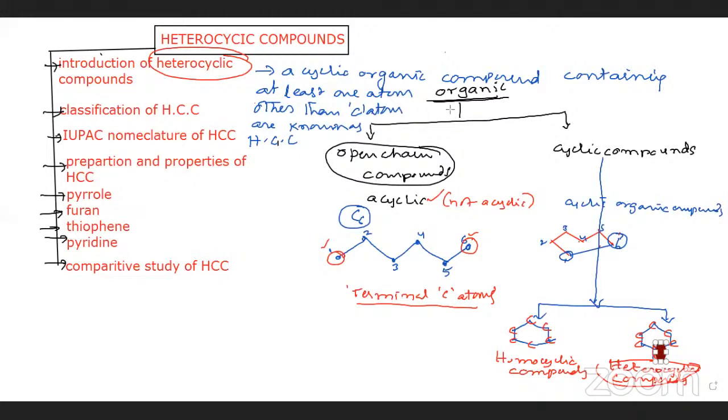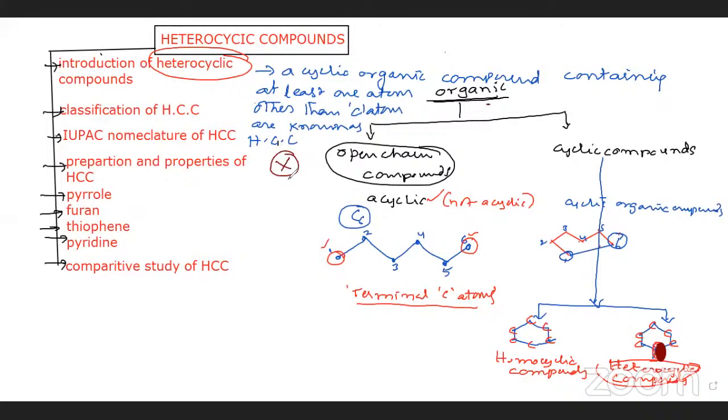Okay. So you understood what heterocyclic means. Heterocyclic means it is also one of the cyclic organic compounds. It contains carbon atoms as well as at least one atom other than carbon. Such compounds are known as heterocyclic compounds. The heteroatom can be shown by X. This is the heteroatom.